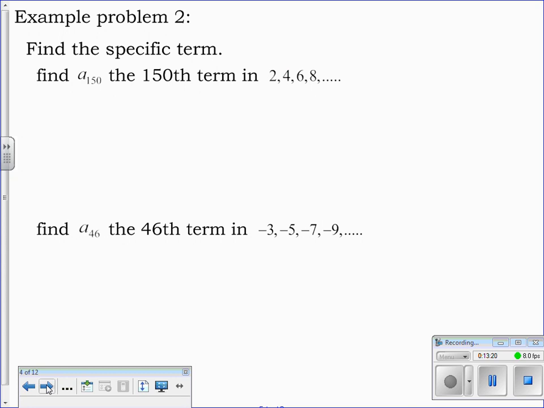We're looking for A sub 150. But what do we know? We know the first term, right? What's A sub 1? 2. We know n. What's n? 150. In this particular case, it's 150 because I'm looking for the 150th term.